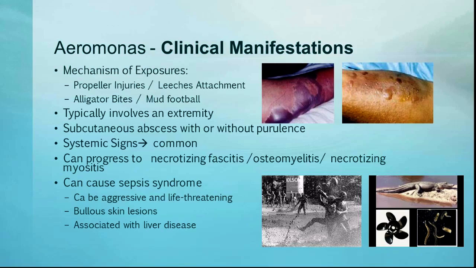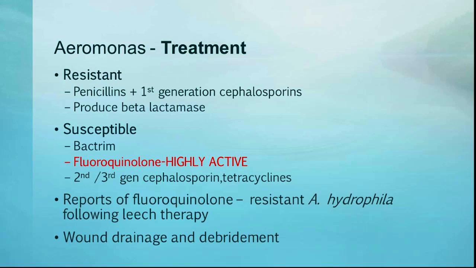It typically involves an extremity, and the systemic signs are usually common with this one. It can cause necrotizing fasciitis, and it can also cause bullous skin lesions, as you see on the top there. They are resistant to penicillins because they produce beta-lactamase.